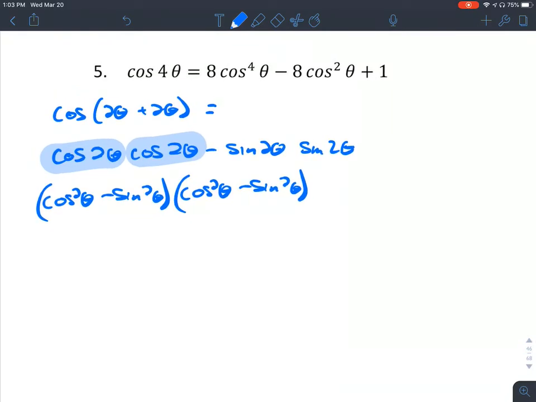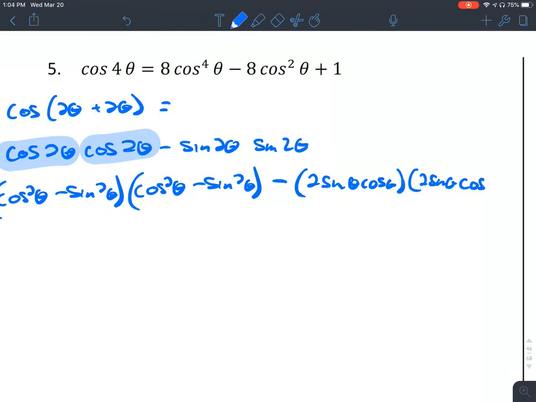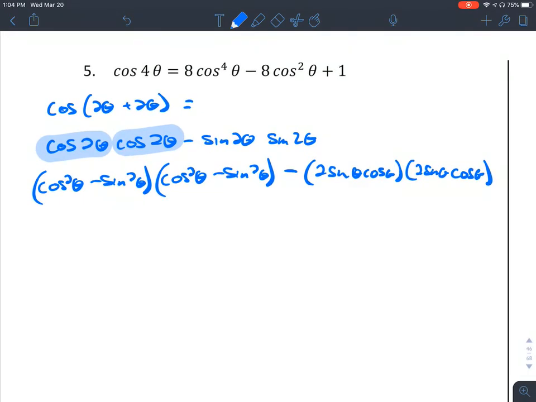Wait for it. No, I'll just keep going. Then I'm going to subtract from that sine of 2 theta. That's a double angle identity. That's going to be 2 sine of theta cosine of theta. I'm going to have another one of those because there's another one here. 2 sine of theta cosine of theta.